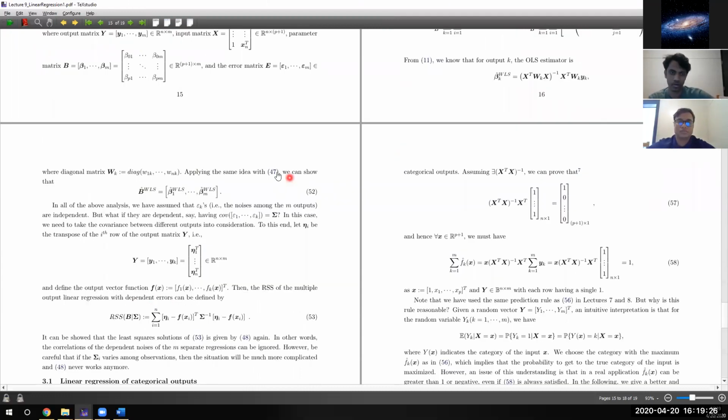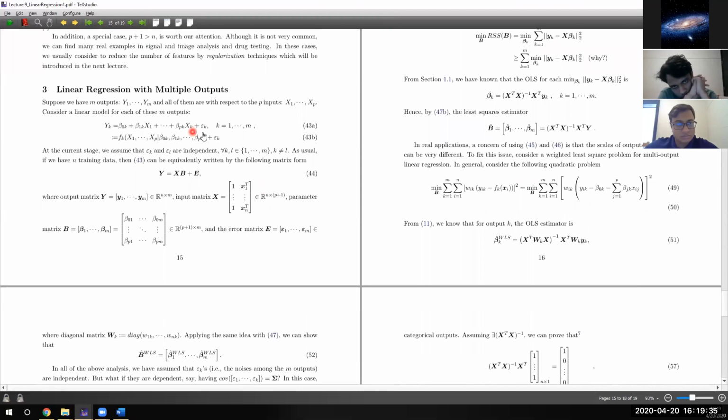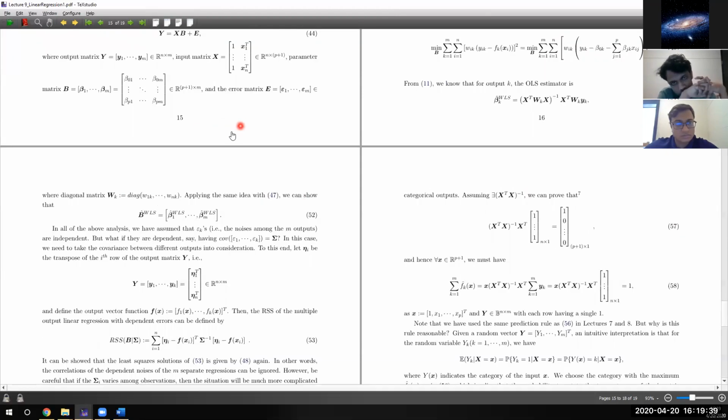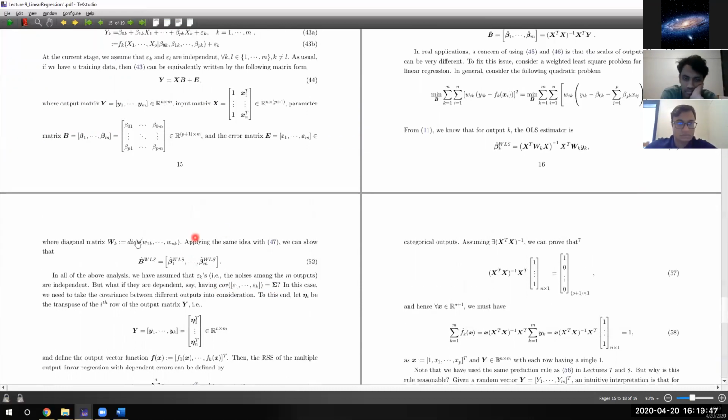Okay, and a similar question is, here we assumed that the epsilon_k's are independent. But what if the epsilon_k's are dependent? For example, what if we have a covariance matrix? In this case, what should we do?